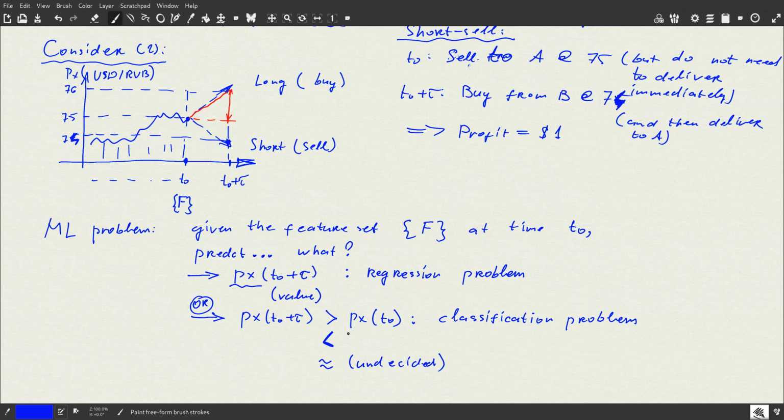So maybe our classificator says, if only two states, then it is a binary, or if it is three-way, then it is a ternary classificator.